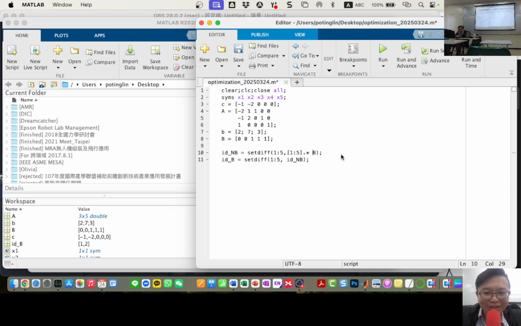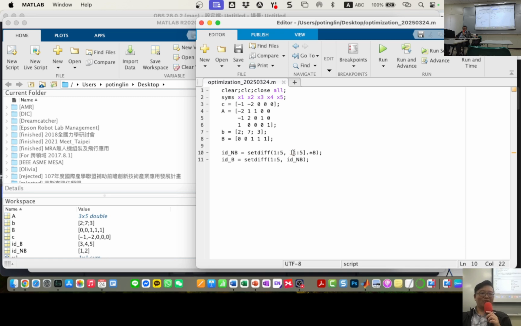You probably have no idea what I'm doing, but it works. I'll show you. See, non-basic is 1, 2. Basic is 3, 4, 5. So set difference is a comparison of sets.